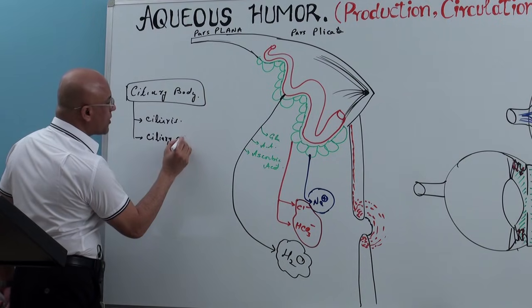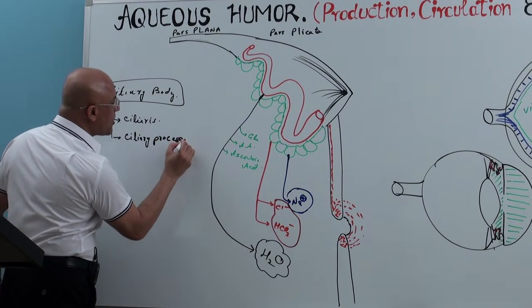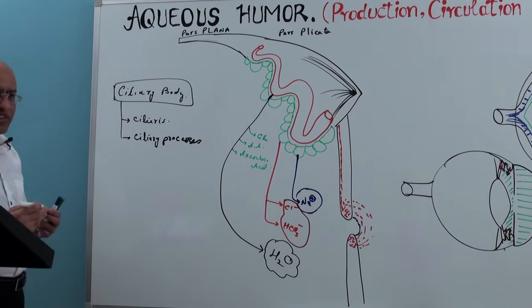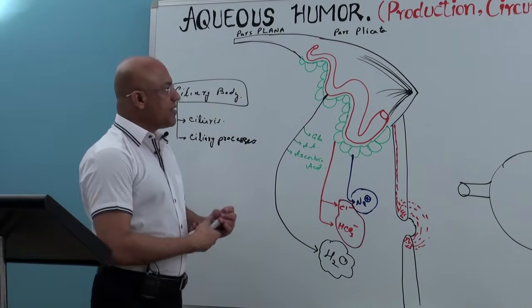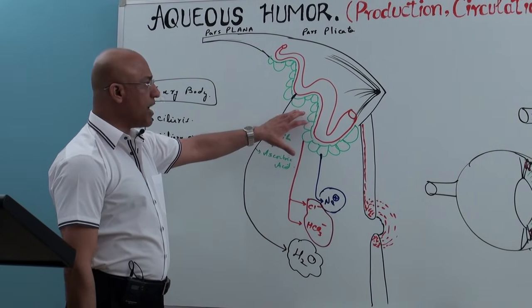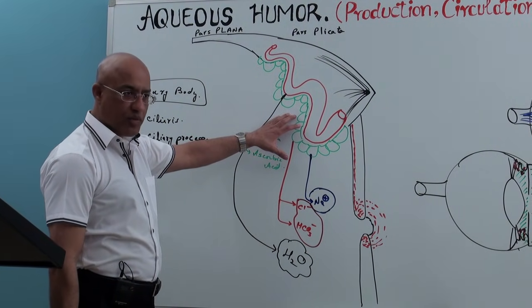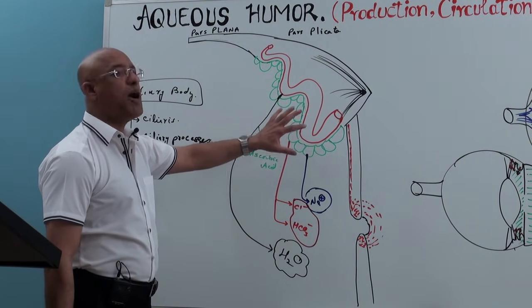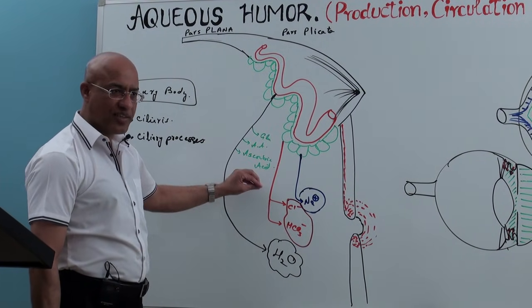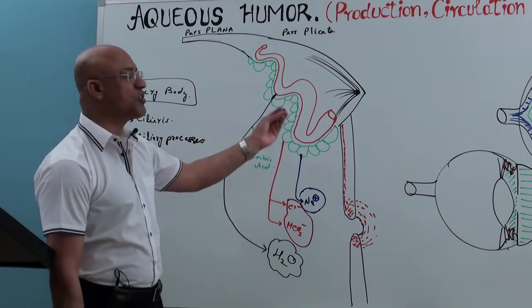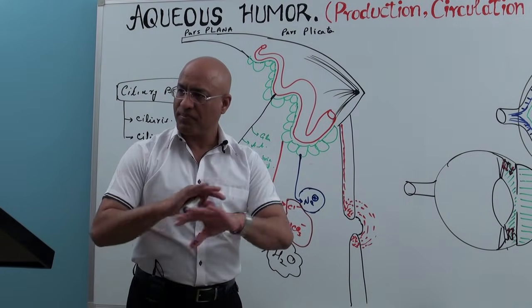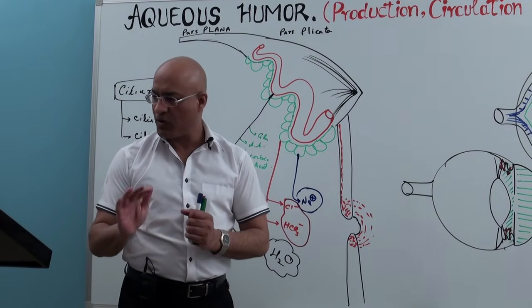Ciliary processes. So now we can sum up that actually in the pars plicata of the ciliary body, the ciliary process epithelium actively secretes aqueous humor into the posterior chamber. Any question? No question?